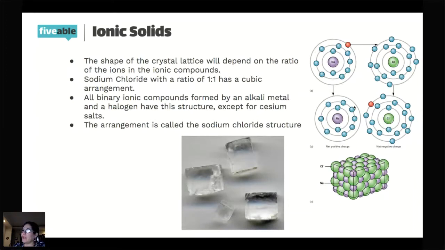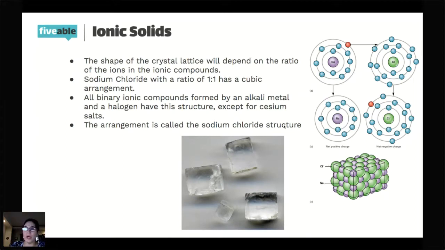So if we think of the structure, you will have a crystal lattice where each sodium ion will be surrounded by 6 chloride ions in 3D. And the chloride ions will be surrounded by 6 sodium ions. Why 6? Because we have to think of 3D. With one in front, one at the back, one on the top, one below, and one on each side. So that's why we will have 6 per unit, but in reality, we'll have an overall ratio of 1:1.